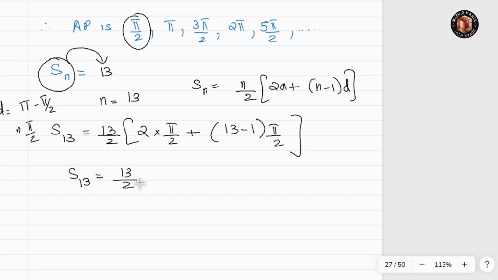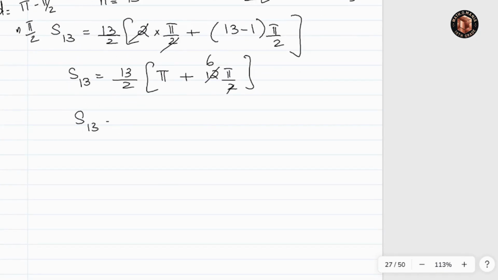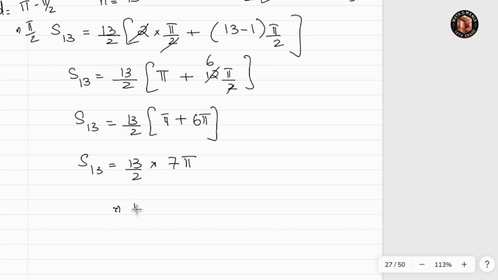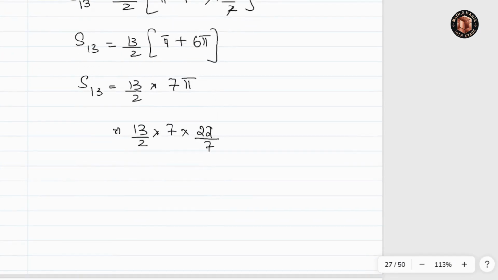S13 equal to 13 by 2 into, this 2 and 2 will get cancelled, that is pi plus 12 into pi by 2, and here again it will get cancelled and we will get 6 pi. S13 equal to 13 by 2 into pi plus 6 pi, which is equal to 13 by 2 into 7 pi, which is equal to 13 by 2 into 7 into 22 by 7.